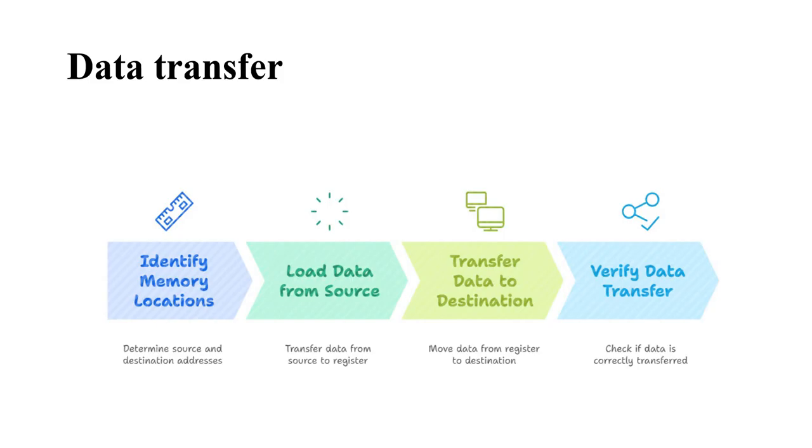Here the program is designed to transfer the data from an external memory location at 3000H to another external memory location at 4000H. We will transfer 10 bytes of data, that is, starting address from 3000H to 3009H.